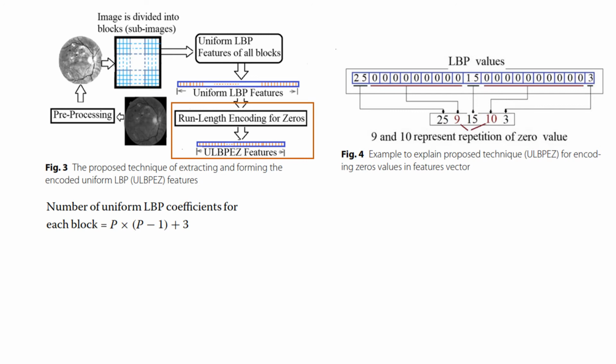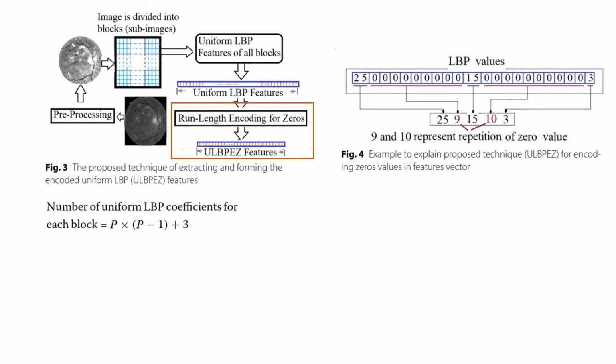All zeros are replaced by a number representing the number of zeros. Like here, shown on the right, the number of zeros here is represented as 9, the number of zeros here as 10, and then concatenating the numbers, reducing the feature vector to 3.5% of the original one.